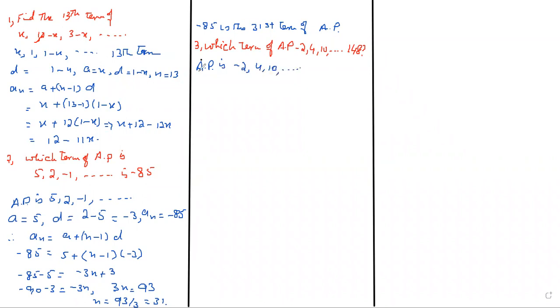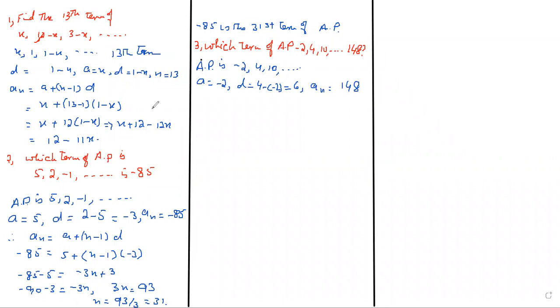So here a equals to minus 2 and d equals to 4 minus minus 2 is equals to 6 and an equals to 148.